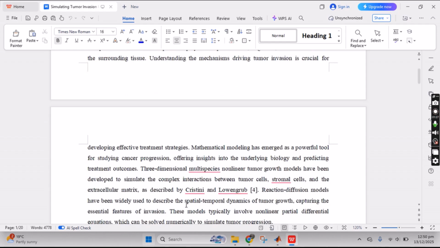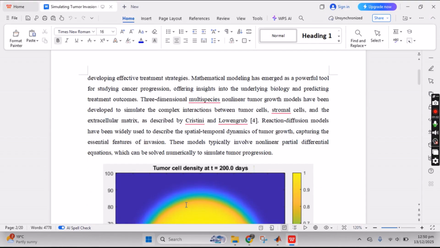The mathematical model basically helps identify cancer across all the tissues in the human body, to pre-identify it before the cancer spreads all over the body. Mathematical modeling has emerged as a powerful tool for studying cancer progression, offering insights into the underlying biology and predicting treatment outcomes as well.